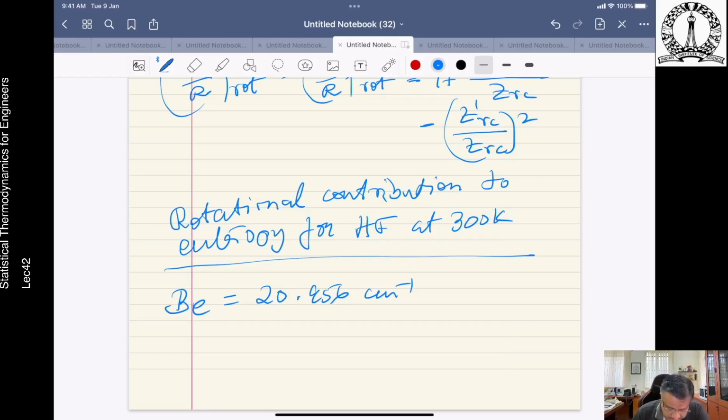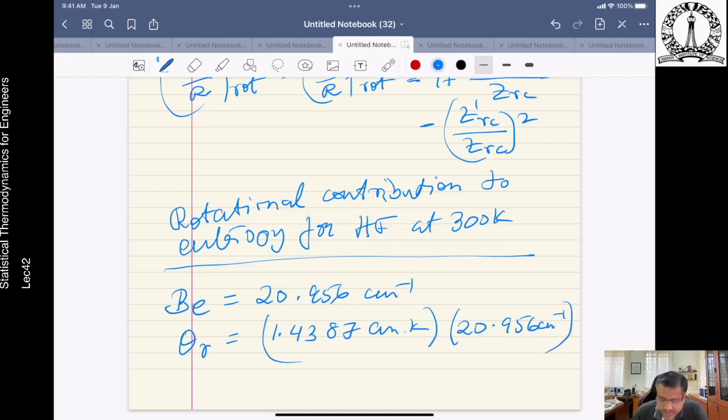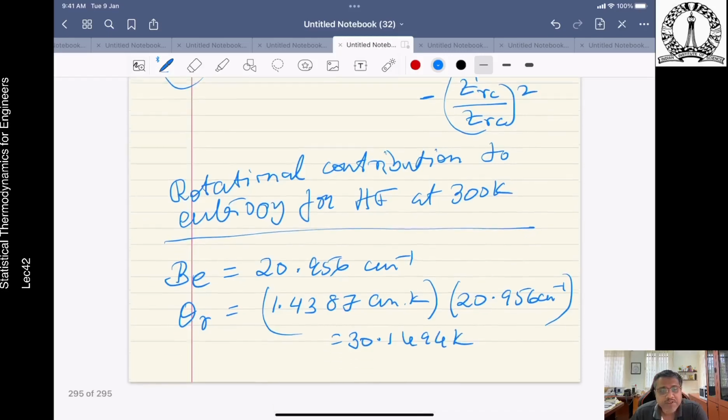So the characteristic rotational temperature theta R is 1.4387 centimeter Kelvin multiplied by 20.956 centimeter inverse, which gives rise to a temperature of 30.1494 Kelvin, which is very reasonable.